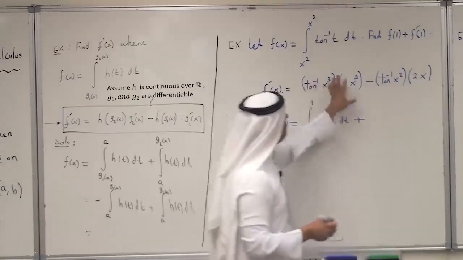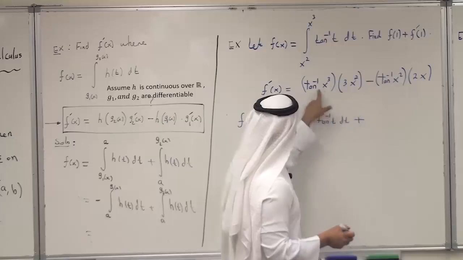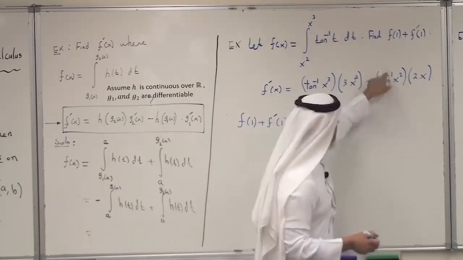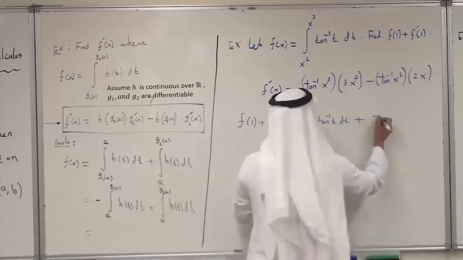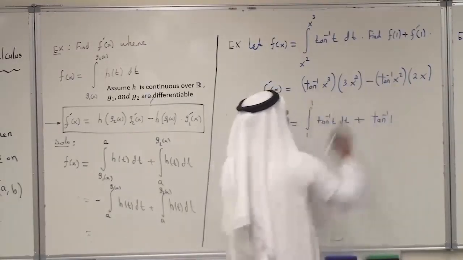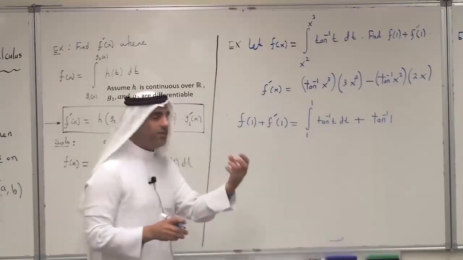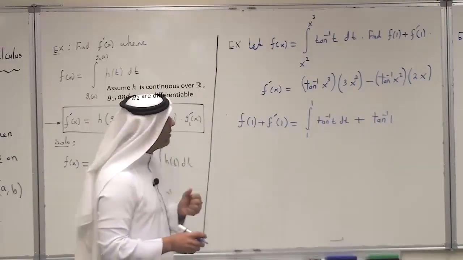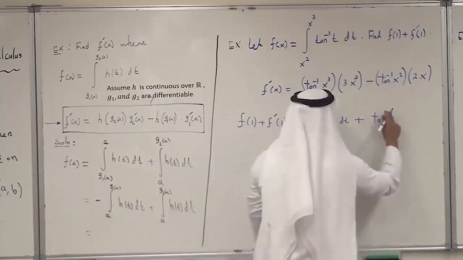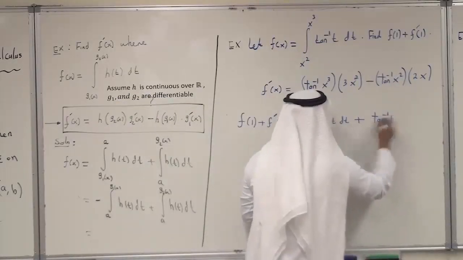I replace x by 1. So what we get is 3 tangent inverse of 1 minus 2 tangent inverse of 1. That is actually tangent inverse of 1, because 3 minus 2 tangent inverse of 1 gives me tangent inverse of 1.